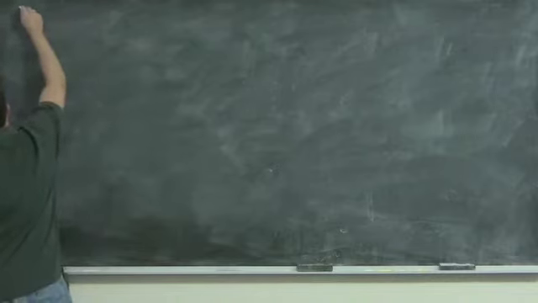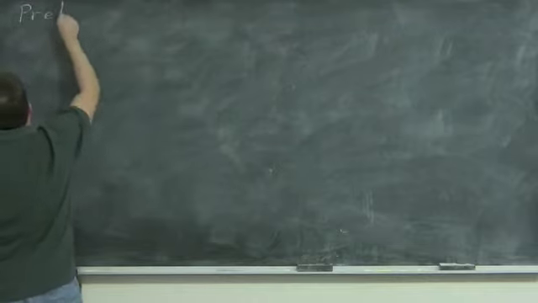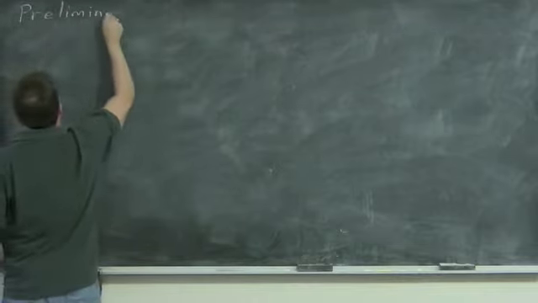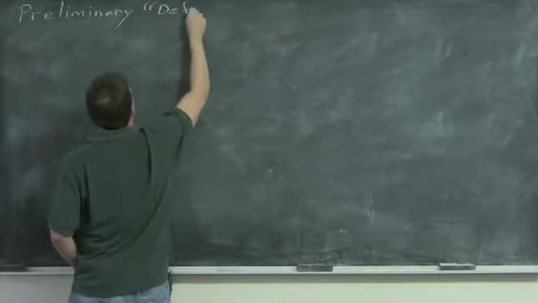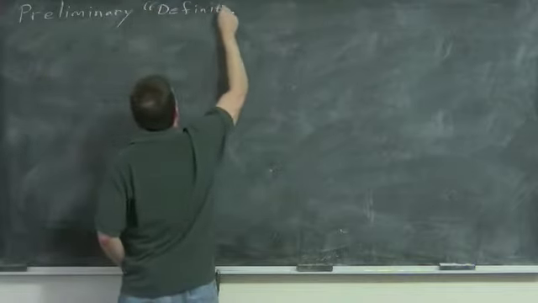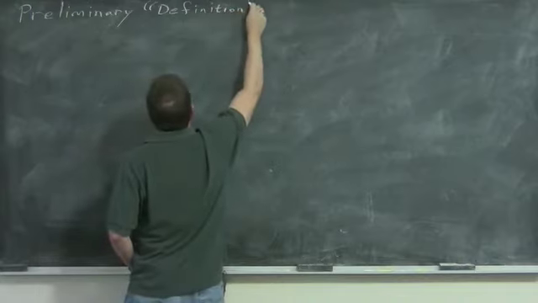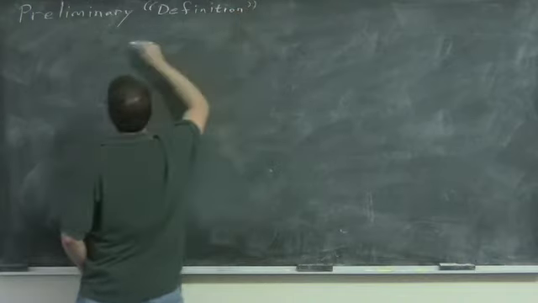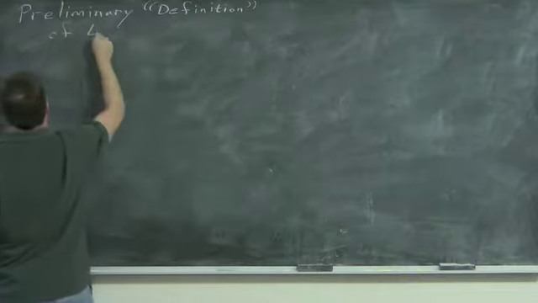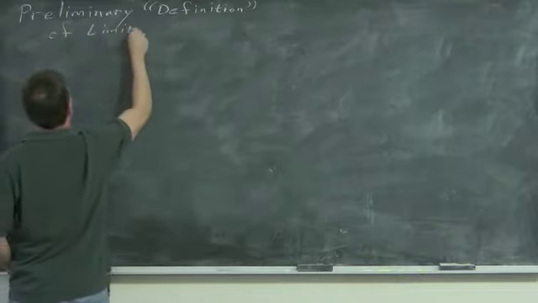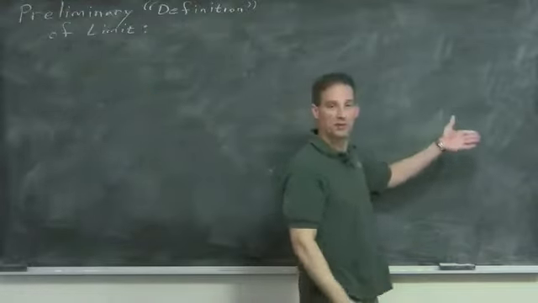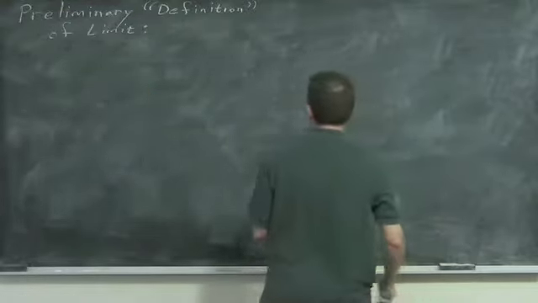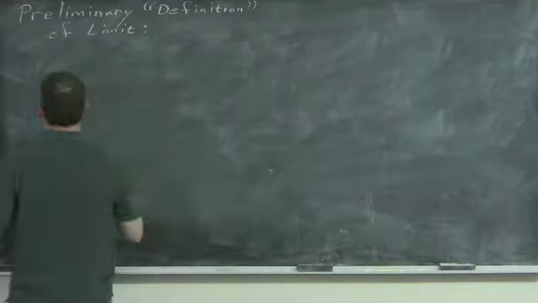This is a preliminary definition in quotes, because I'm going to use terms that are very sloppy, very intuitive. Preliminary definition of limit. So what do we have? We have some function here that's a function of h, and it's a quotient, so I'll think of it as q of h.